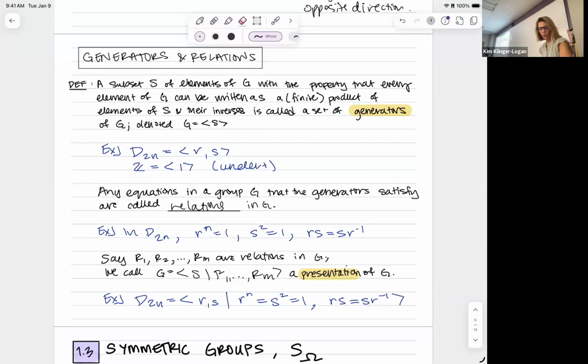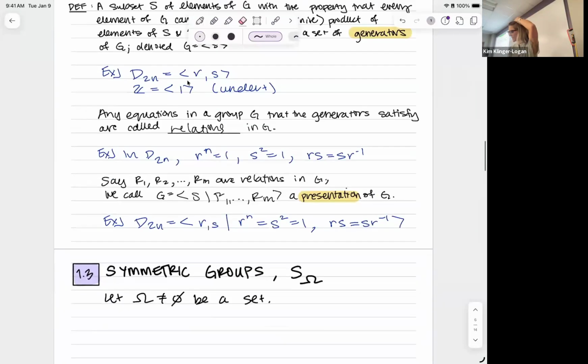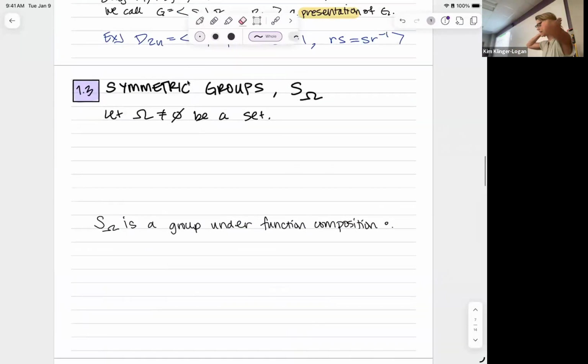Great. Okay, so we'll go into more detail about the symmetric groups next time, another really nice example, but we'll just give some setup for it. So the symmetric groups are going to be the set of bijections from a set to itself. We'll usually be talking about the symmetric groups on just n elements and refer to them as Sn, but you could talk about the symmetric group on any set, say omega.